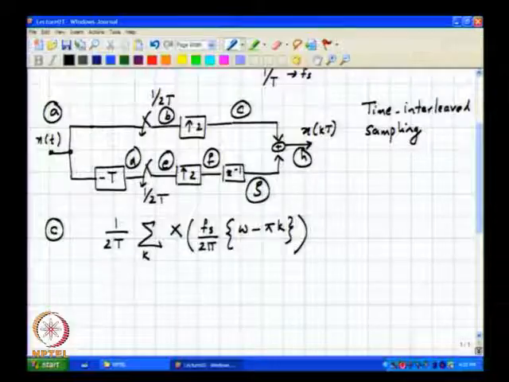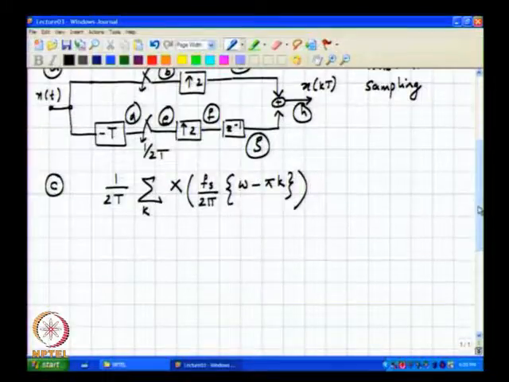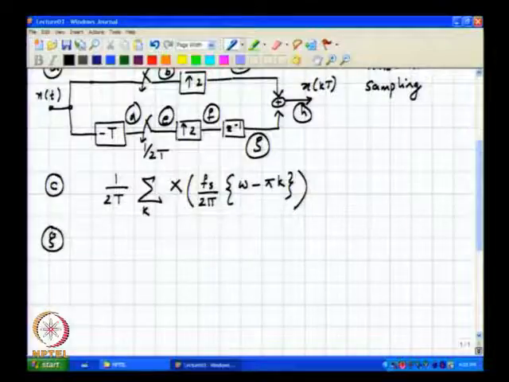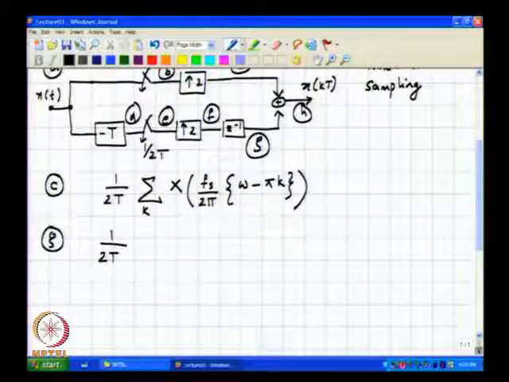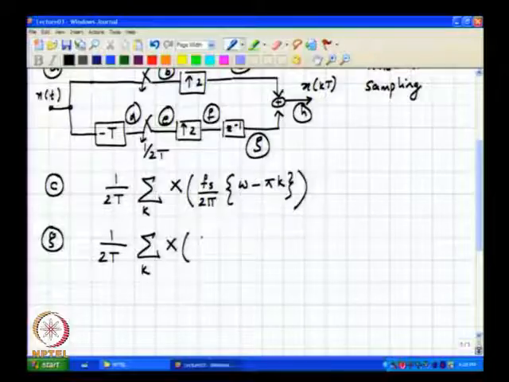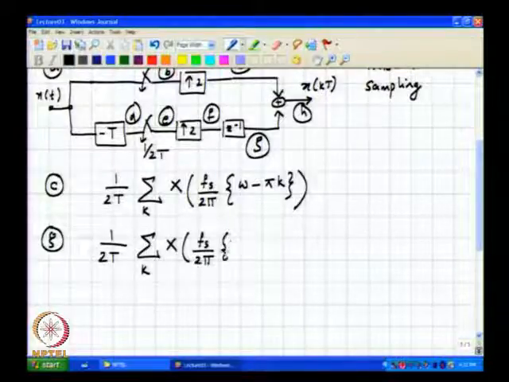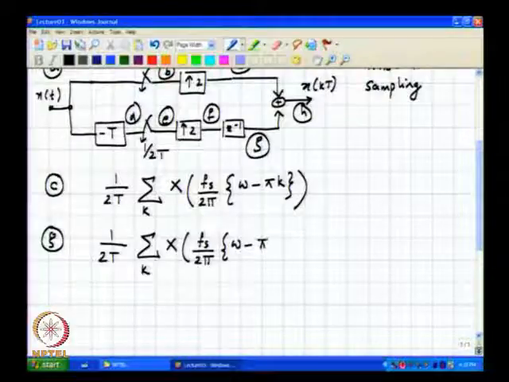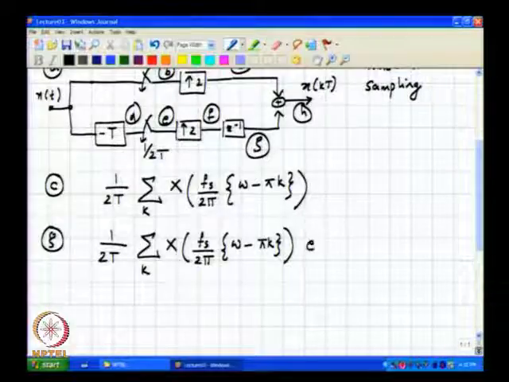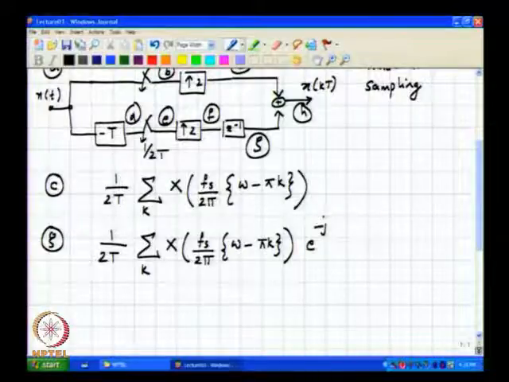And at G, we saw last time that the spectrum is 1 by 2T, sigma over all k, X of Fs by 2 pi times omega minus pi k, times e to the power minus j k pi.